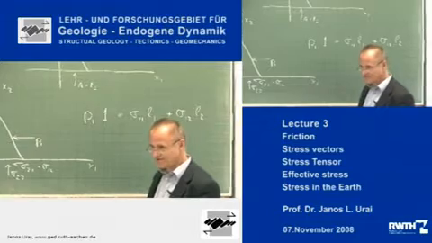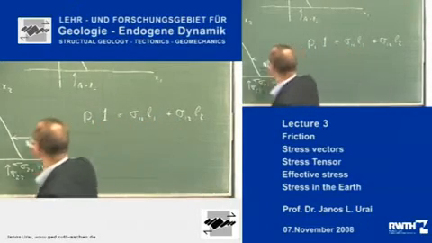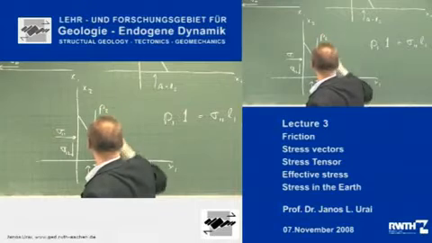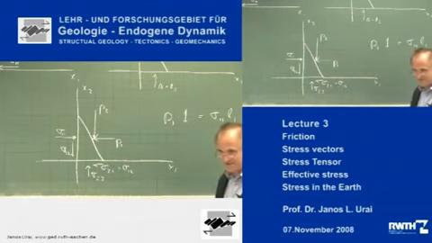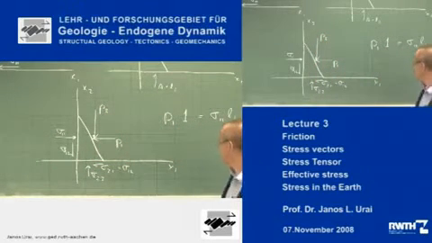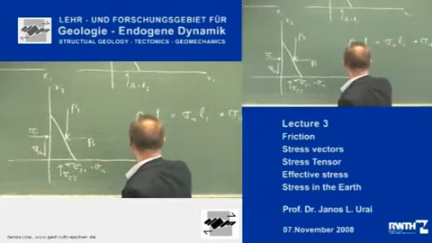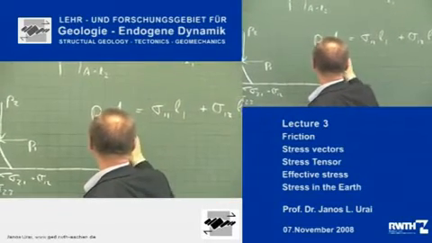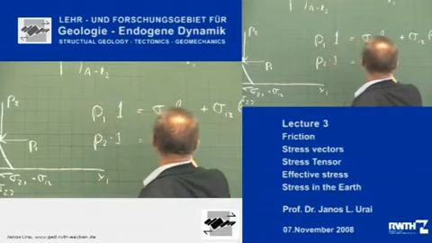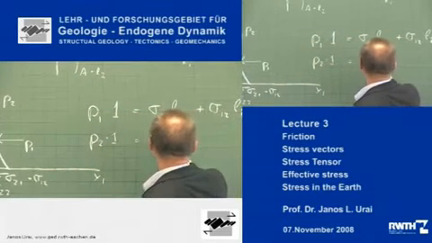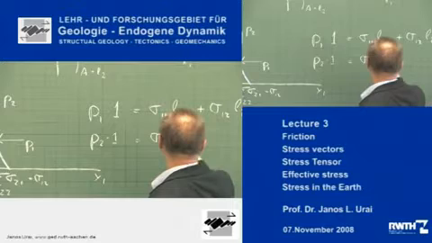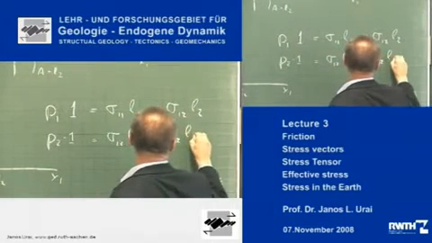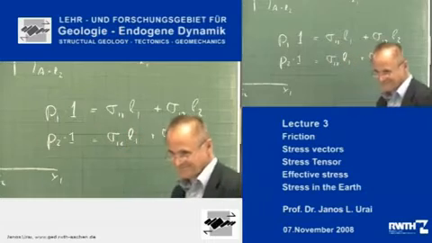Now I'm going to go a little faster, and I'm going to calculate for you the two components of my stress vector. And I think that you will believe me if I say that P2 times 1 is sigma 1,2 L1 plus sigma 2,2 L2.